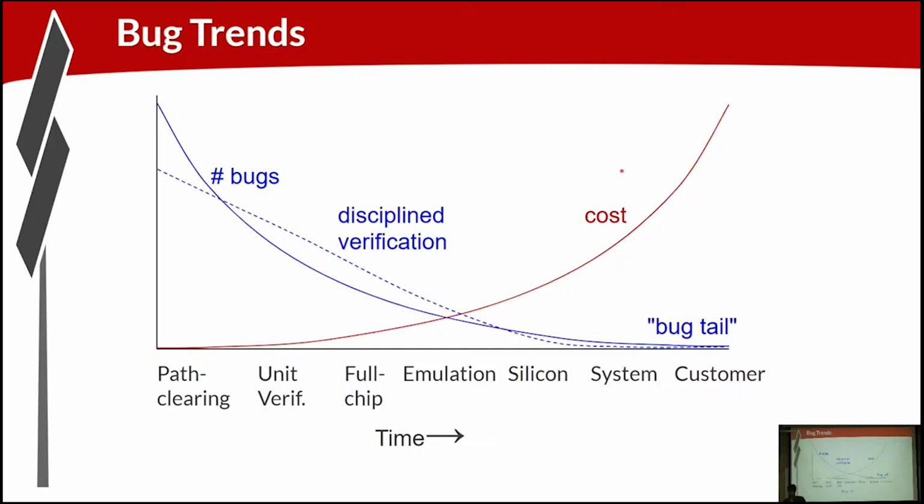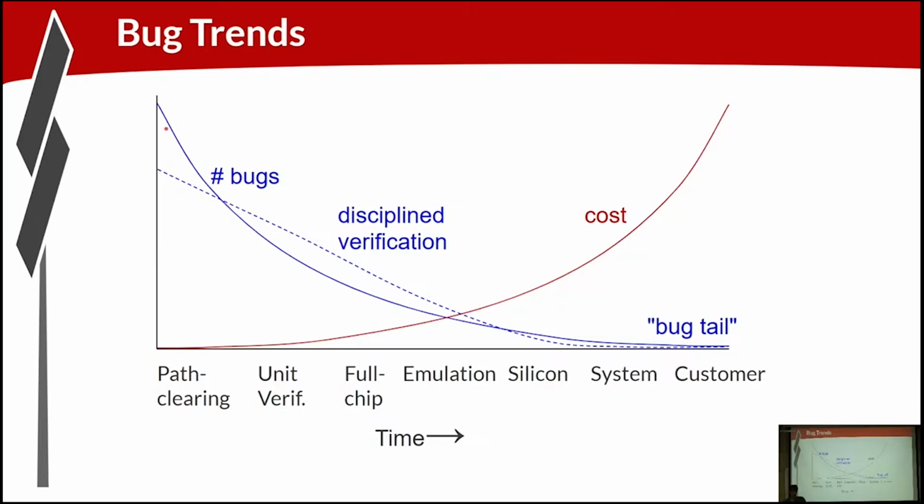The more disciplined you are about verification, the more this bug curve looks like this bug curve, right? Where if you're focused early on robustness of your verification infrastructure, you're not spending as much time just trying to grab low-hanging fruit and identify bugs quickly.